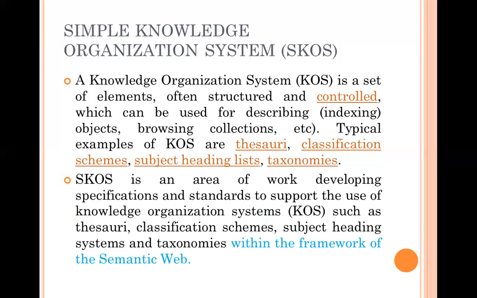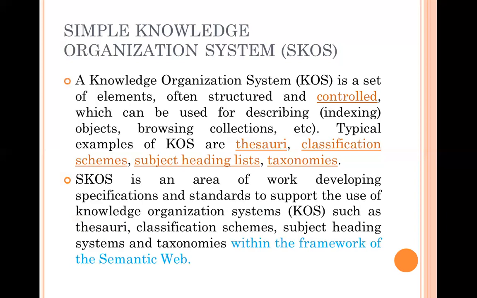Basically, all these knowledge organization systems, thesauri, classification systems, Library of Congress Subject Headings, were prepared to describe the traditional resources, the so-called printed resources available in the library. But nowadays we have a lot of web resources, digital resources, online resources, e-resources.